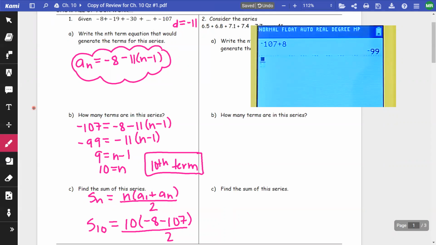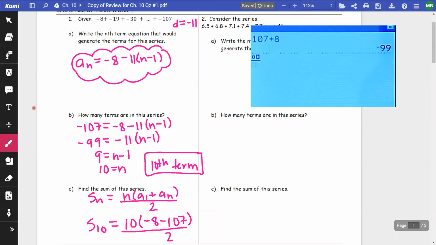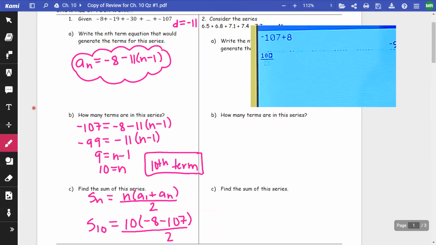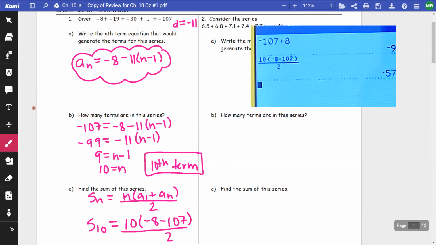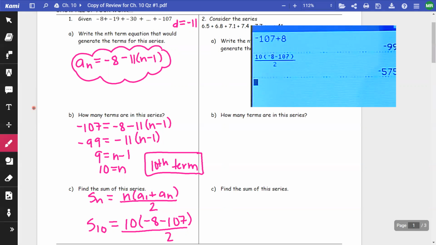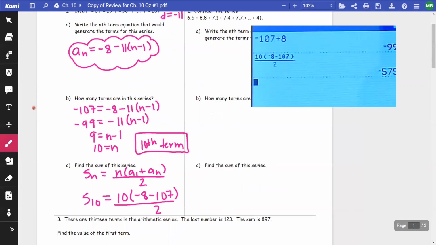So I take 10 times the quantity -8 minus 107, close my parenthesis, divided by 2, and I got -575, and that's what my sum of all of those terms is.